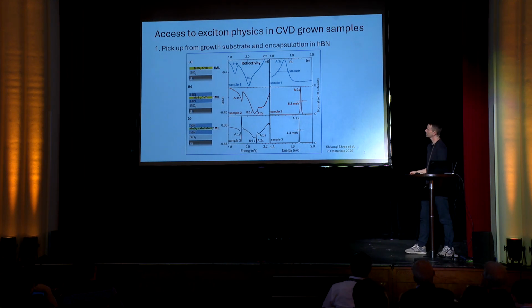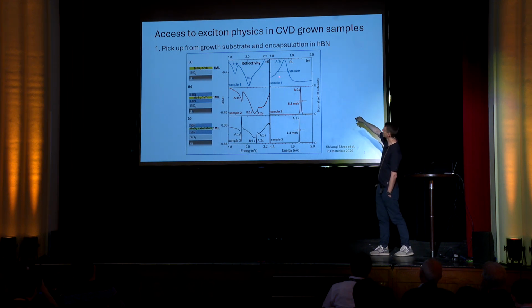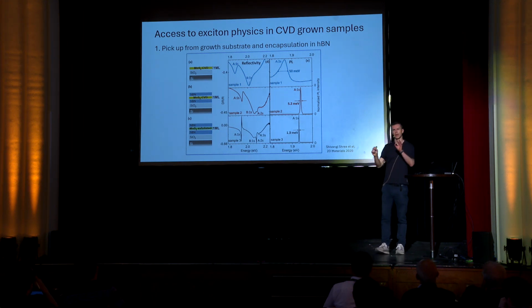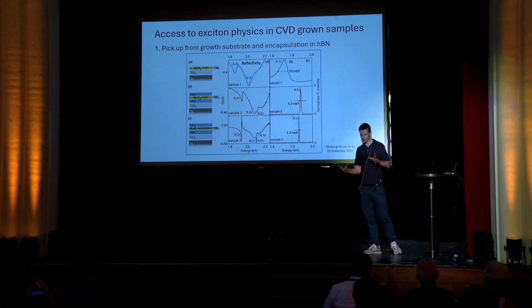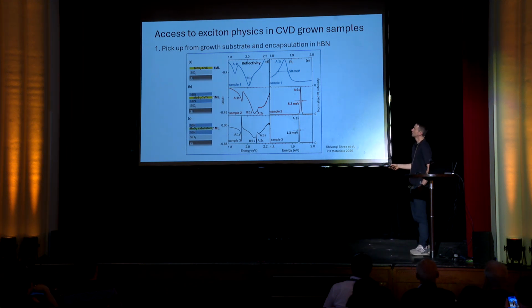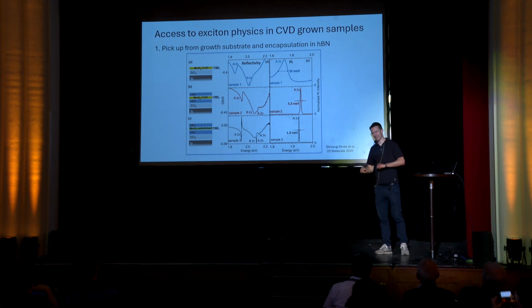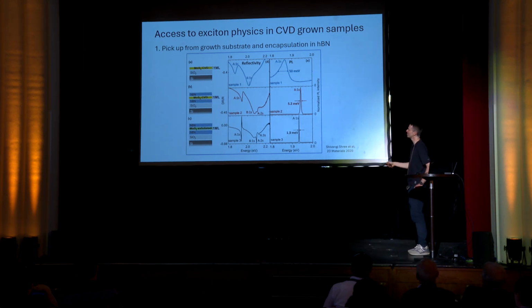So how did this start for us working on chemical vapor deposition grown samples? Initially, when we looked at these samples, their optical spectra, even at low temperature, were super broad. And that was surprising because in atomic resolution electron microscopy, people counted defects and they were as good as exfoliated flakes. So the idea was then we take it off the growth substrate, put it into hBN, which I know is a general approach, but that's what we applied here.